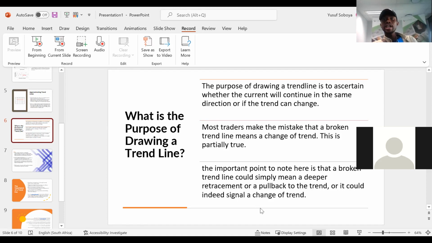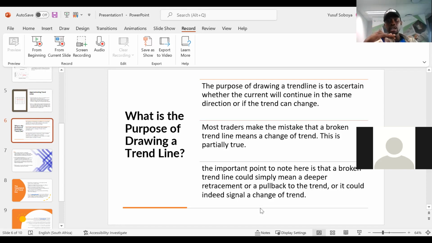Okay, most traders make the mistake that a broken trend line means a change of the trend. This is partially true. The important point to note here is that a broken trend line could simply mean a deeper retracement or a pullback in the trend, or it could indeed signal a change of the trend, right?